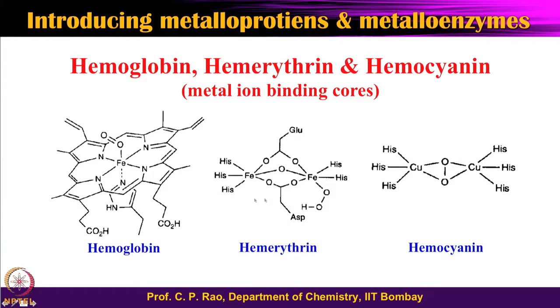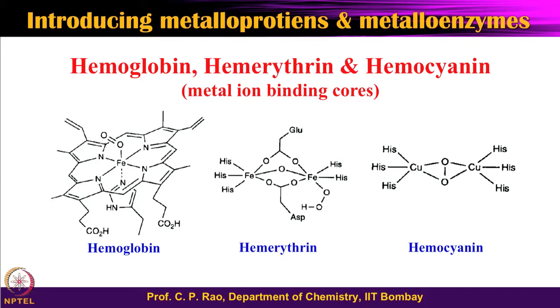Now, in the case of hemerythrin, the oxy form is not bonded to O2 like this. Here it is already like peroxo or hydroperoxo, and you know that peroxo and hydroperoxo are formed from O2 after 2 electron reduction.